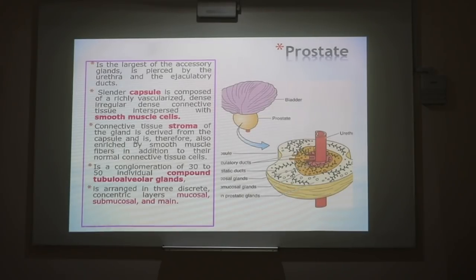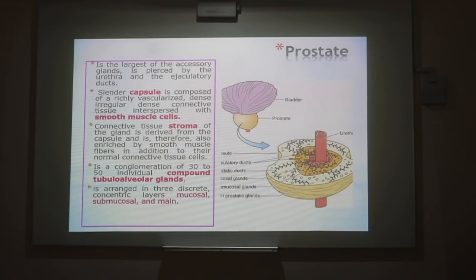In addition, there are about 30 to 50 compound tubulo-alveolar glands inside the prostate. So you have a capsular stroma, and there is a fibromuscular stroma which is derived from the capsule of the prostate gland. And within the gland, there are 30 to 50 compound tubulo-alveolar glands.